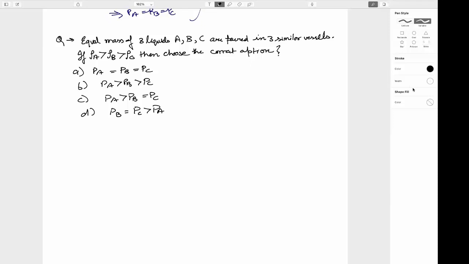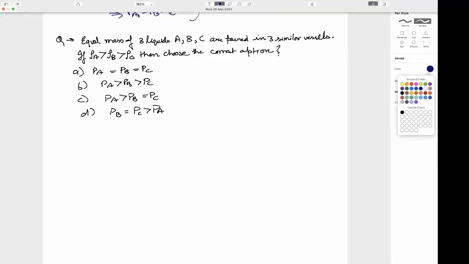Now, the type of vessel is not given. You need to interpret yourself, and whatever vessel you may want to take, you can take. So I will be giving you 1 minute to think about it and then answer it.